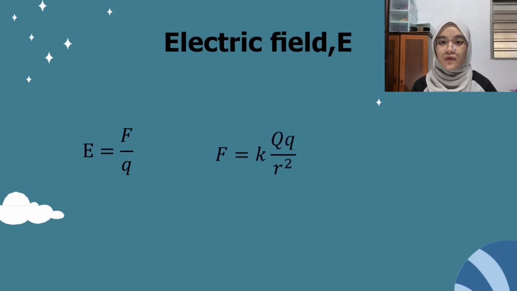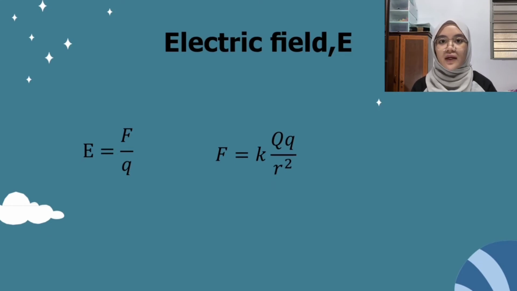To find F, you just have to use Coulomb's law, and you need to know the value of big Q, which is the point charge. F equal to K Q q over r squared.